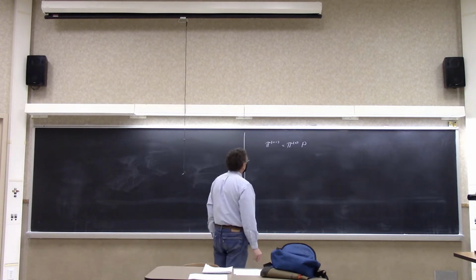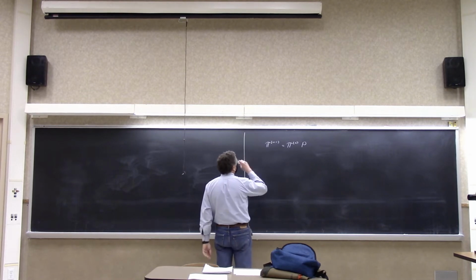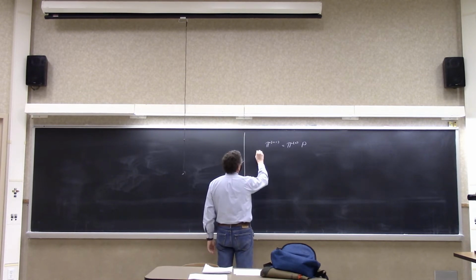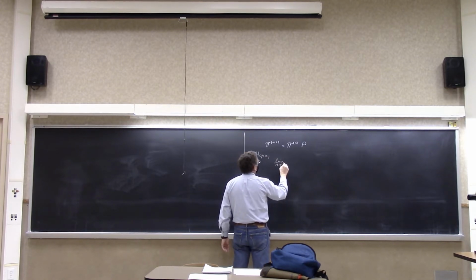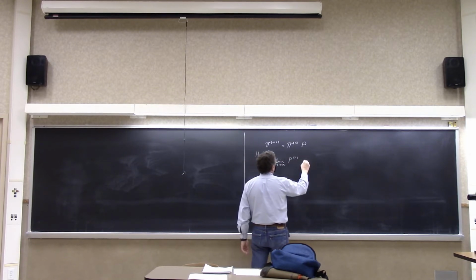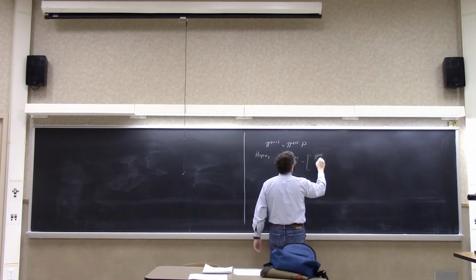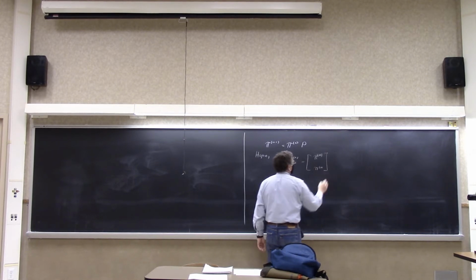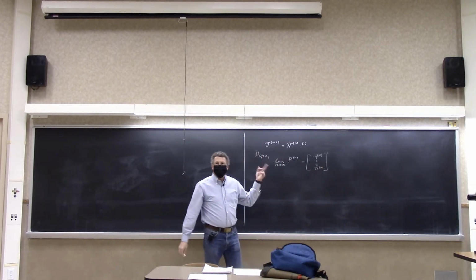So the hope is that the limit as n goes to infinity of P to the n is equal to pi infinity, pi infinity, and so on. It's basically all the rows of that matrix are the same.